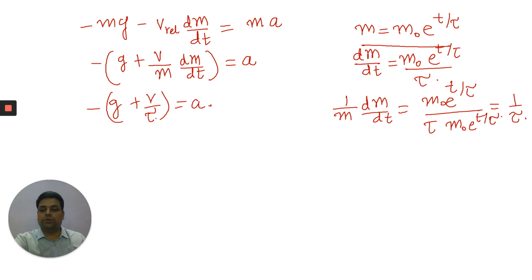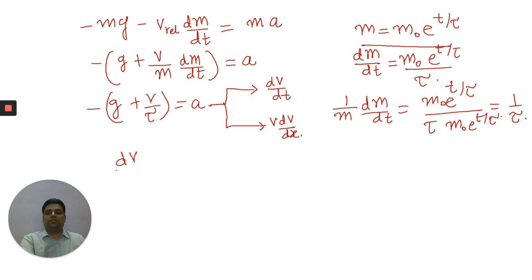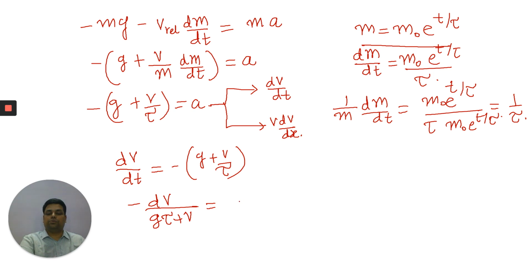In my problem, I'm asked to give the time of ascent as well as the maximum height reached. So I have two choices for acceleration. I can choose acceleration as dv by dt, or I can choose v dv by dx. If I go with dv by dt equal to minus g plus v by tau, we can rearrange the things: dv by g tau plus v equal to minus dt by tau, taking integral on both sides.